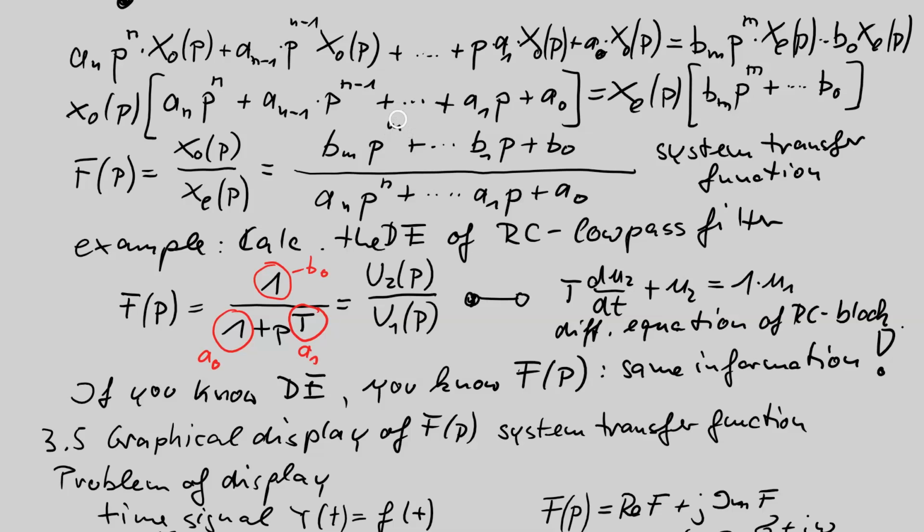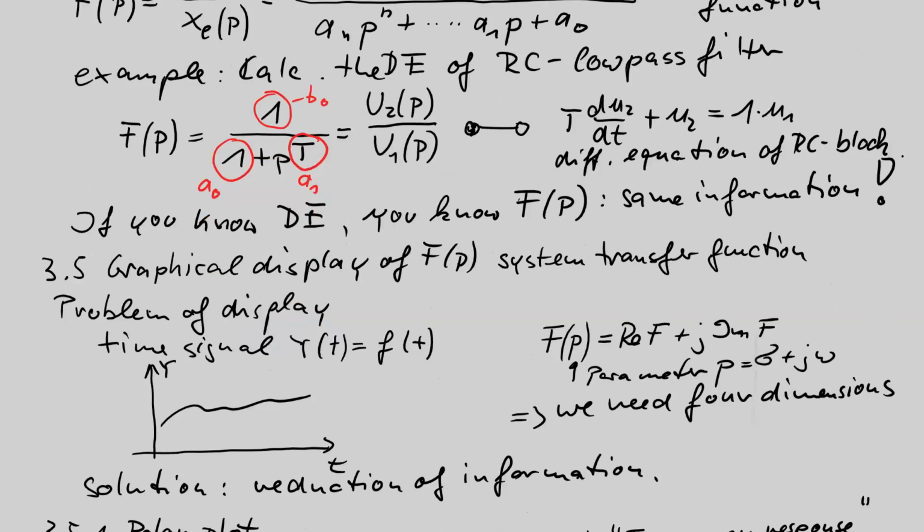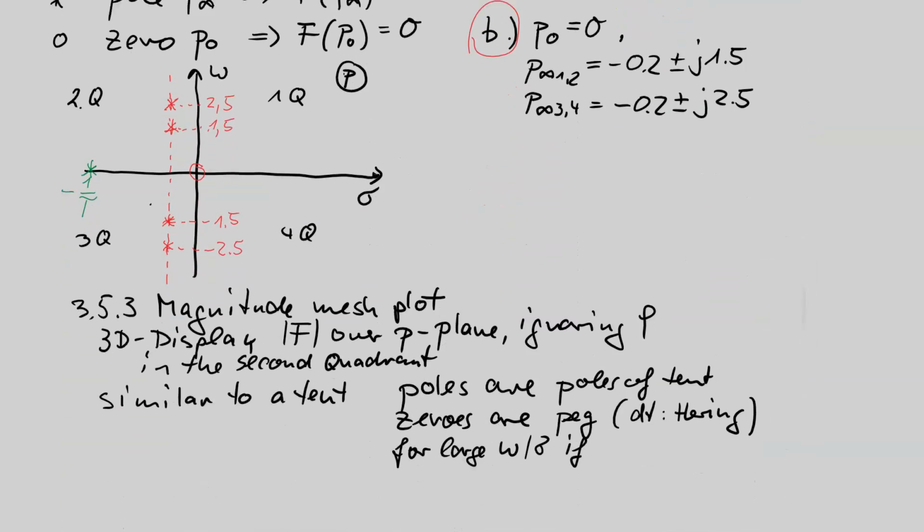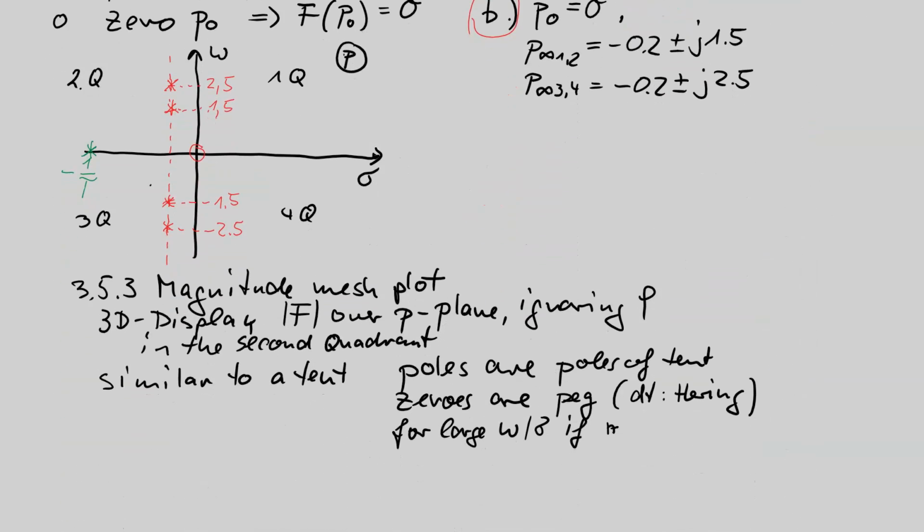The numerator order is m, the denominator order is n, and now I can say if m is smaller than n, which is the case in many applications and in control systems, then for large omegas, F magnitude is very small, goes to 0. So the tent in the distance to the poles touches the earth, the ground.